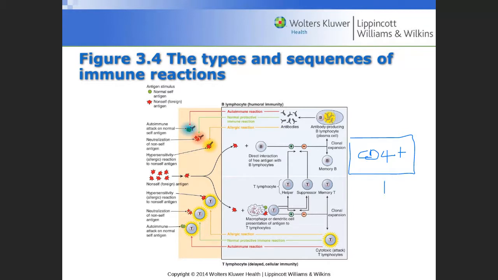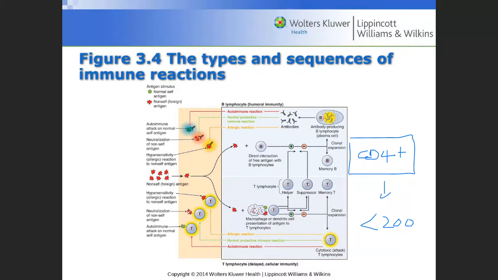But when your CD4 positive T cells get down to 200 or less, then it's the critical period that you might have a condition known as AIDS, or acquired immunodeficiency syndrome, in which the immune system is weak.